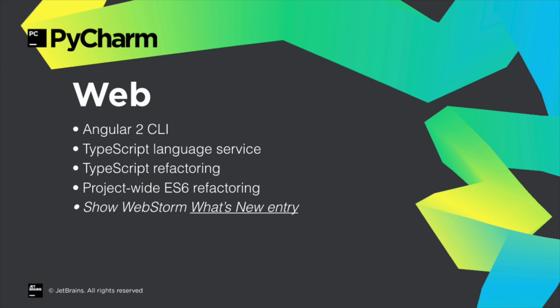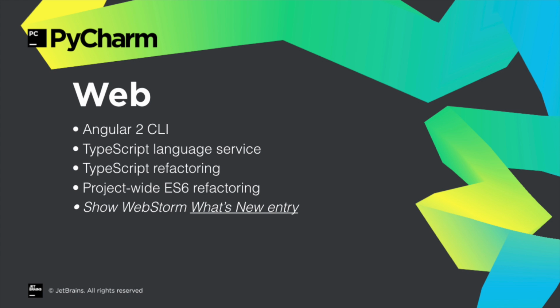Onward, web. I'm also the developer advocate for WebStorm, which means I get to sit in front of Angular 2 and its ever-changing universe of micro-releases and dependencies and React and other JavaScript web frameworks. In PyCharm 2016.3, PyCharm Professional, we bundle essentially WebStorm.